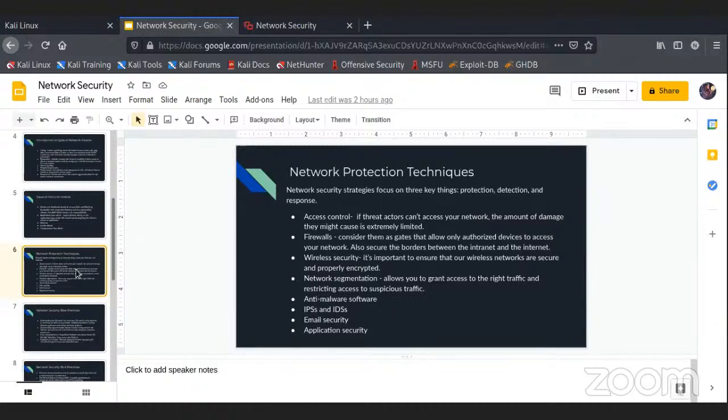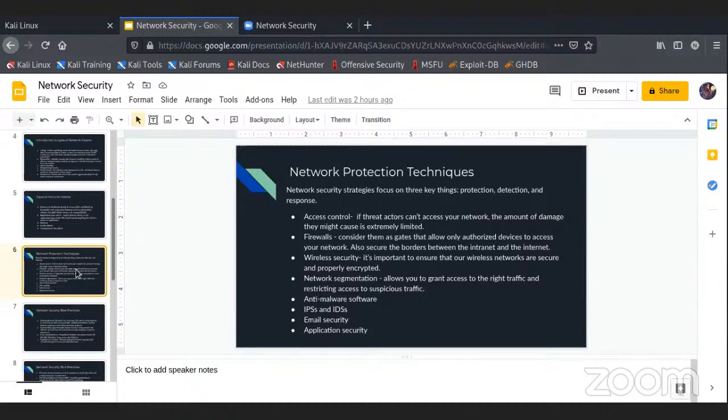So there are some network protection techniques. There is access control. Access control is where we prevent threat actors from accessing our networks.